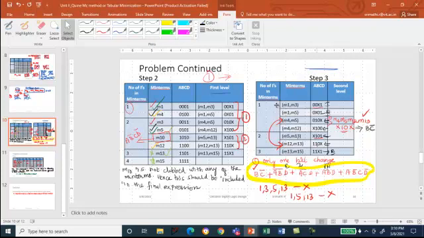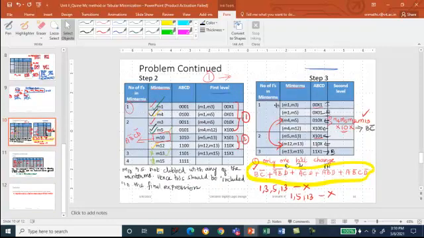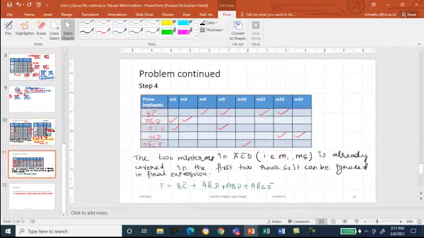And the next one is 1 and 5. Then here 13, 15. And AB bar CD, M10.